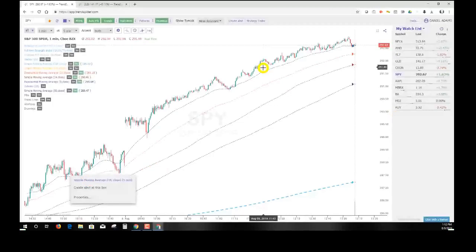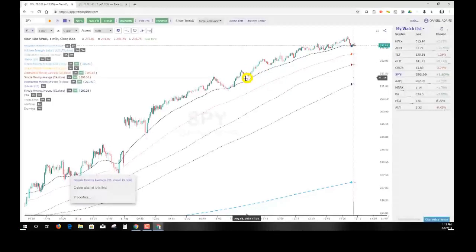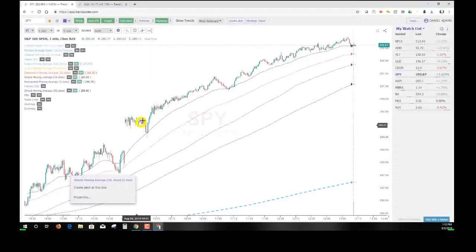But you get this really nice price action right off the 9. There's absolutely no reason to sell because not a single 1 minute candle has closed below the 9 EMA on the 5 minute moving average. So I find this extremely helpful for momentum trading. And this is something that only TrendSpider does to utter perfection.